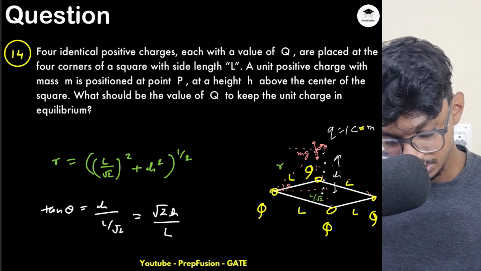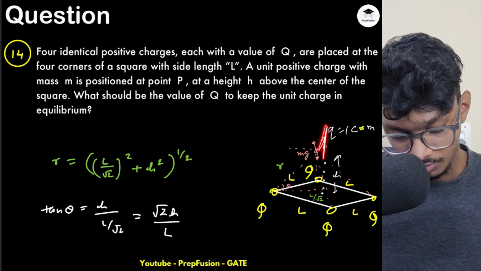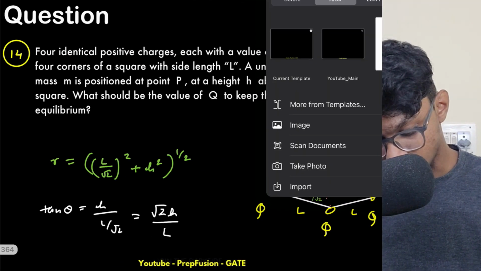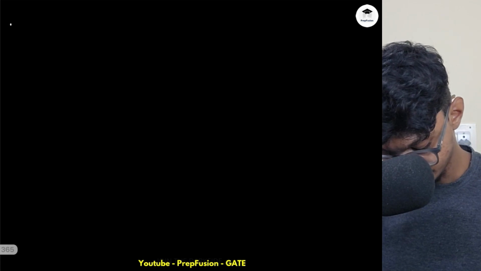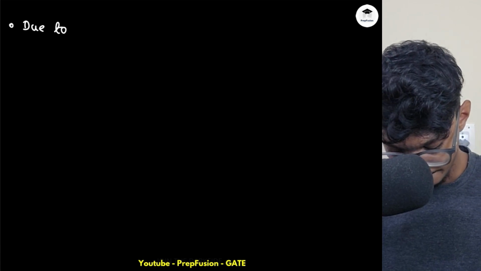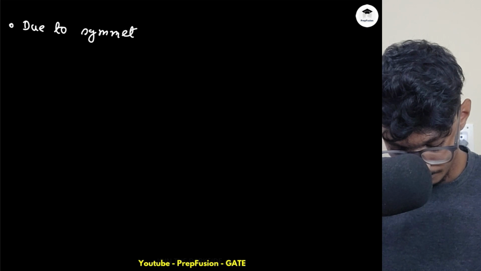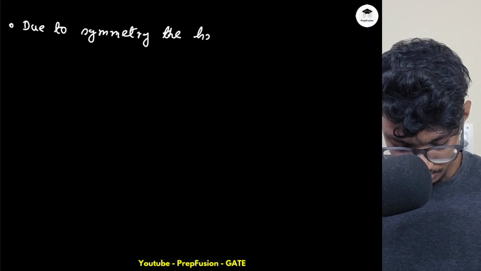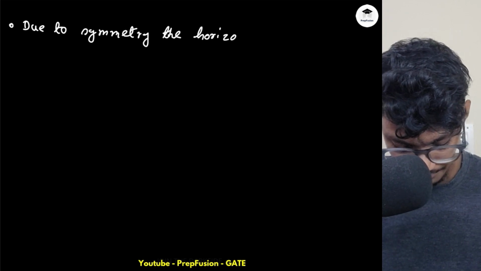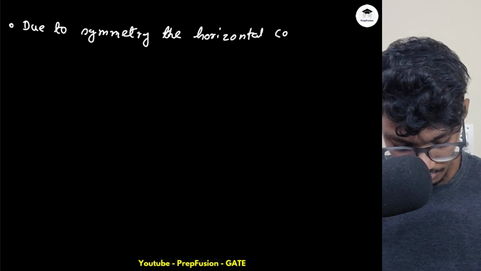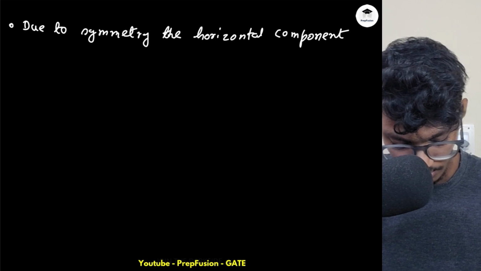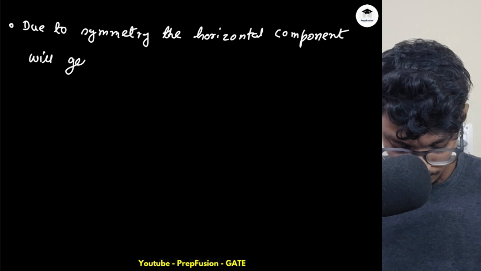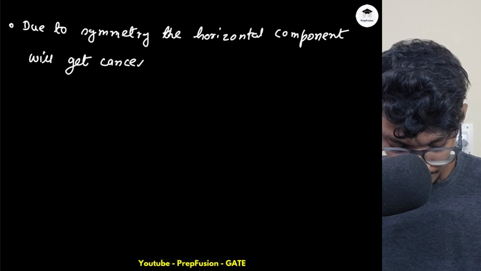So I need to find out this vertical component, right? Horizontal component is getting cancelled out. I just need to find out this vertical component, as the horizontal component, due to symmetry, will get cancelled.